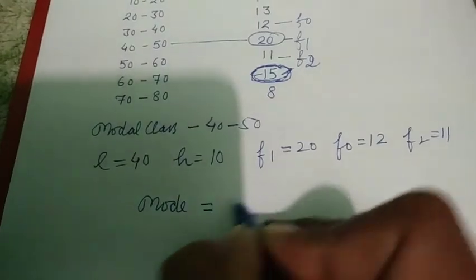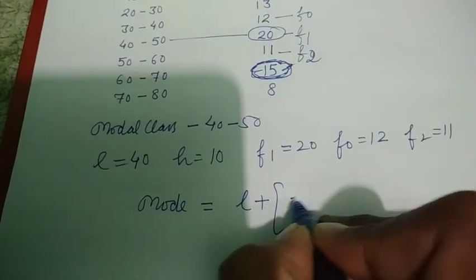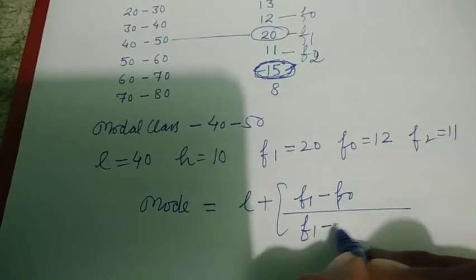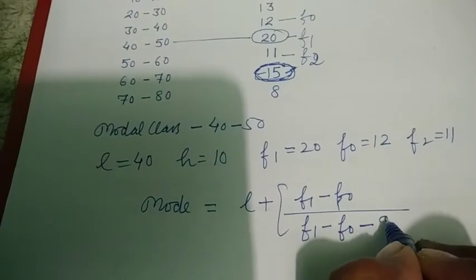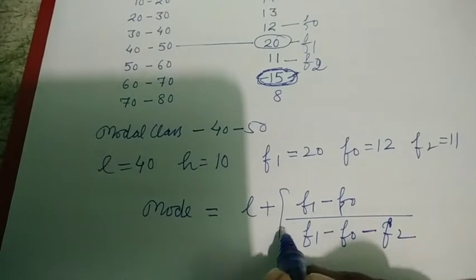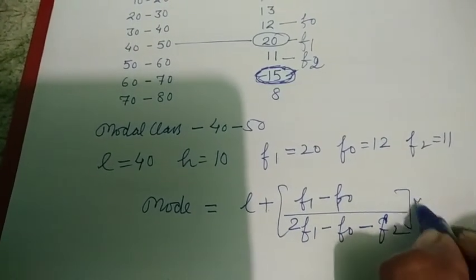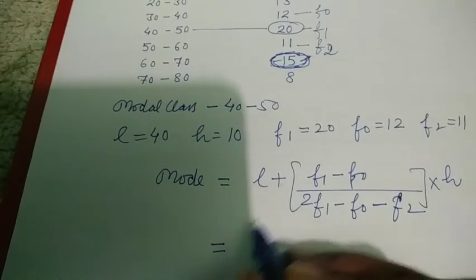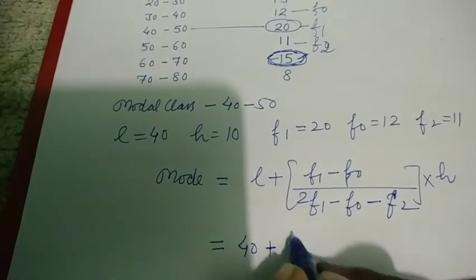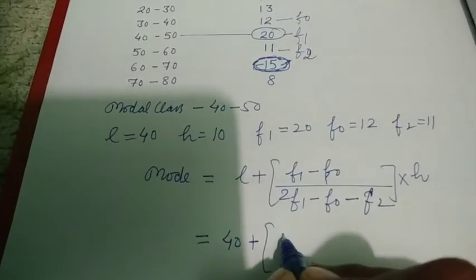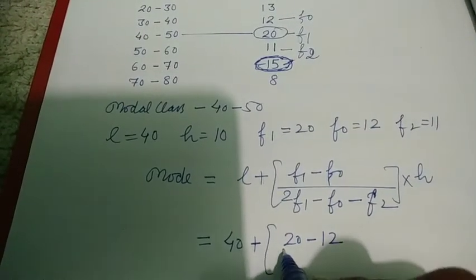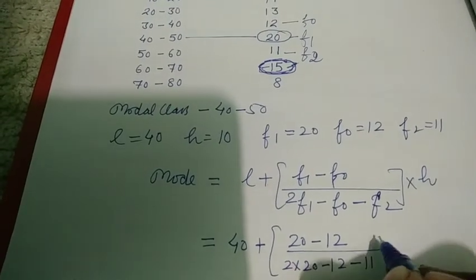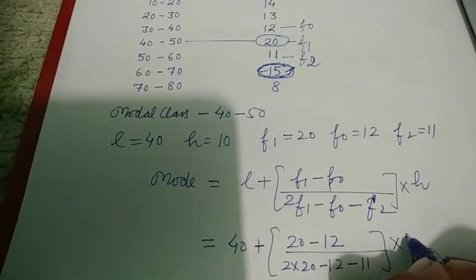So the mode will be, what is the formula? L plus F1 minus F0 upon, the same will repeat here. Okay, but you have to subtract this after frequency and multiply this by H. It's very simple to memorize. Now L is 40 plus F1 is 20 minus 12 upon 2 into 20 minus 12 minus 11 multiply by H is 10.